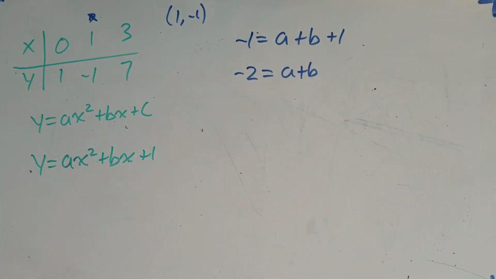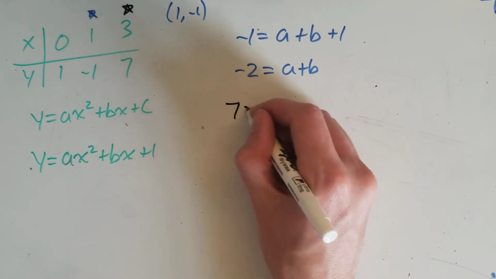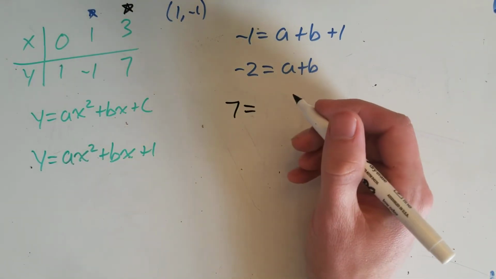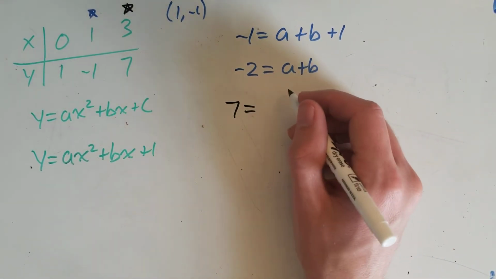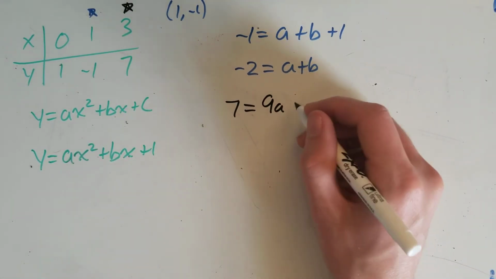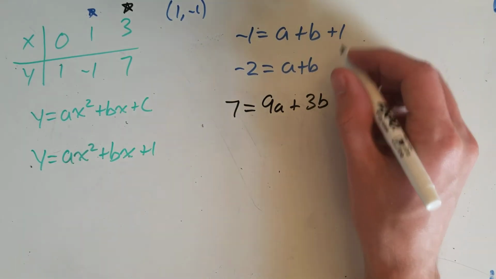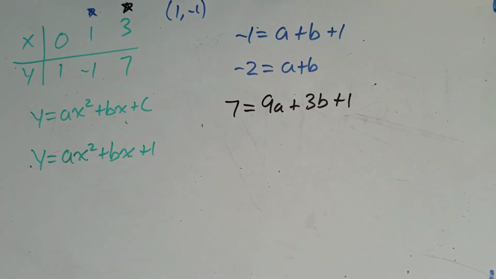Now let's look at our other point here. Y is equal to 7 when x is equal to 3. So we're going to have ax squared is going to be 9a after you simplify, plus 3b, and then we're going to have a plus 1 at the end.